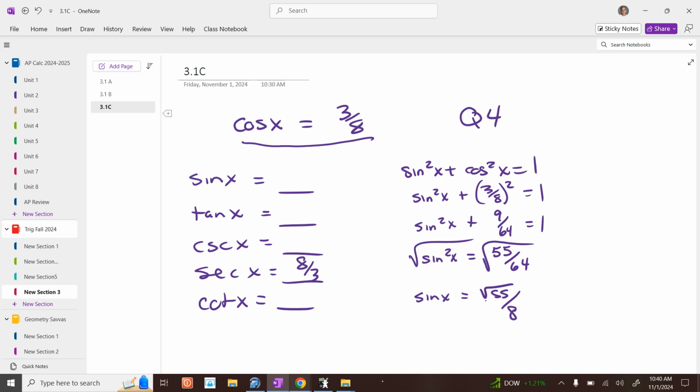Now, we're in quadrant 4. What is sine down here? Positive or negative? Negative. So it's negative square root of 55 over 8.